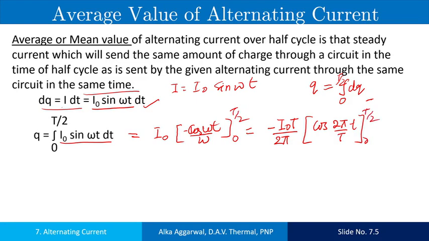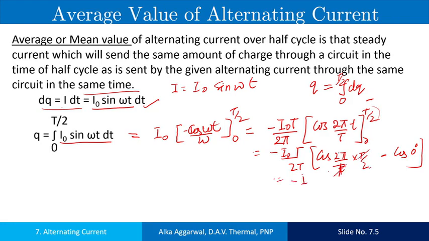Now first put T by 2 and it will give you minus I naught T upon 2 pi, cos of 2 pi upon T into T by 2, minus cos 0. This cancels out and it is cos pi.